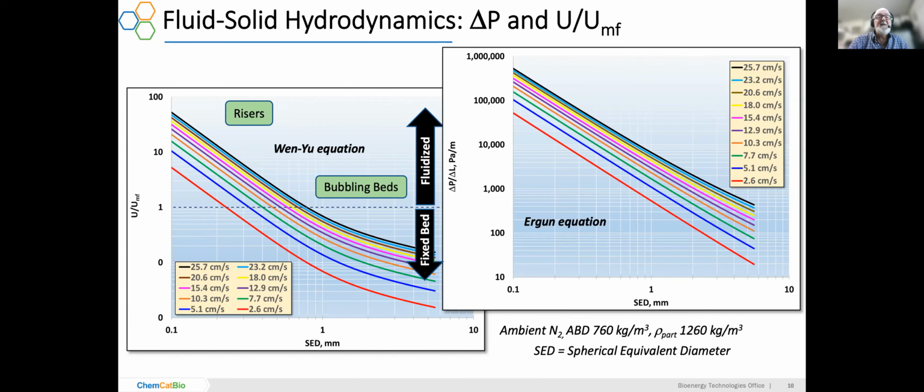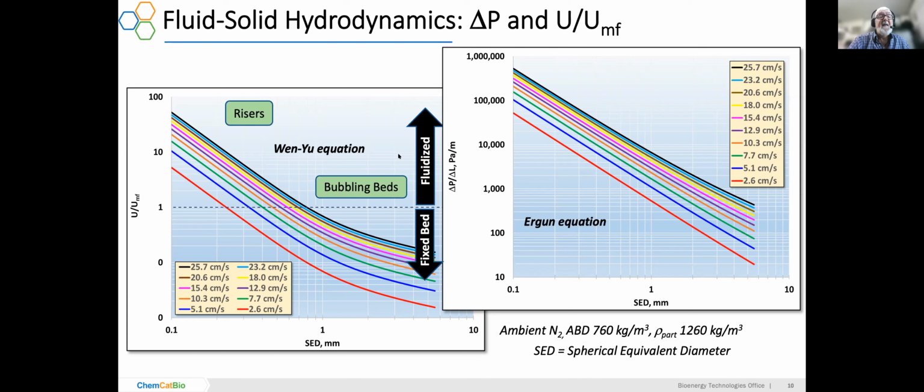So to say a little bit about the fluid solid hydrodynamics, I picked a couple of charts. This is something, of course, that's a very huge topic, and so we won't have time to go into it. On the left, I'm showing gas velocity divided by the minimum fluidization velocity on the y-axis, and it's plotted against the spherical equivalent particle diameter on the x-axis, and the curves show different gas velocities over one order of magnitude.